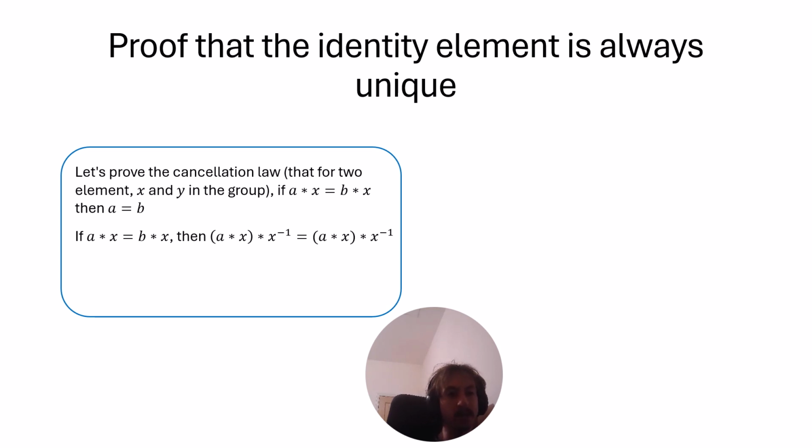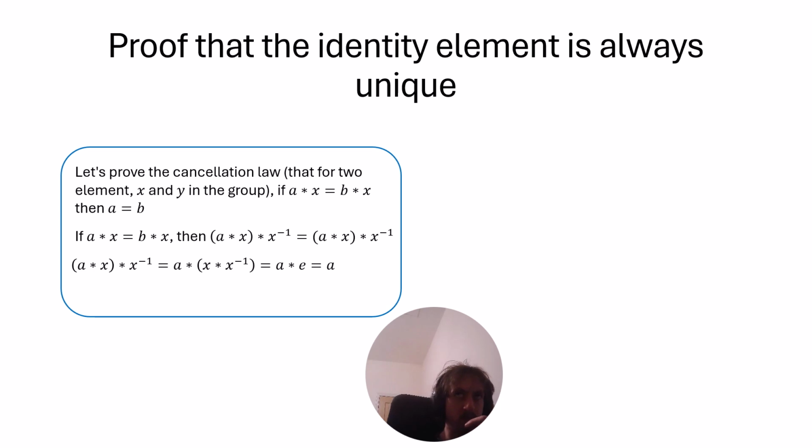Because star is an associative operator, where the brackets go doesn't matter, so we are free to do that. And that allows us to conclude that a star x star x to the minus 1 is equal to a.